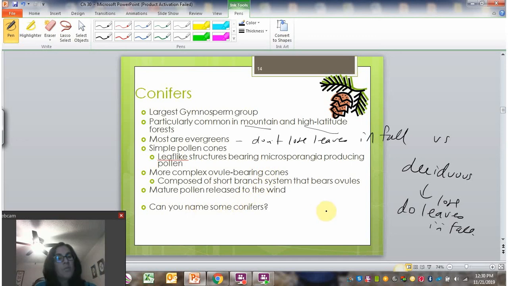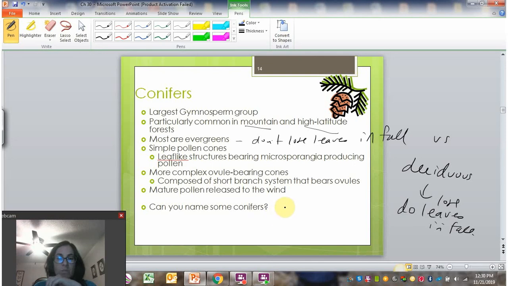So you probably know some conifers. For example, in our region, the ponderosa pine is a really common one when you first head up to the forest. Blue spruce is the tree of Colorado. That's a conifer. Limber pine is another one you may have heard of.